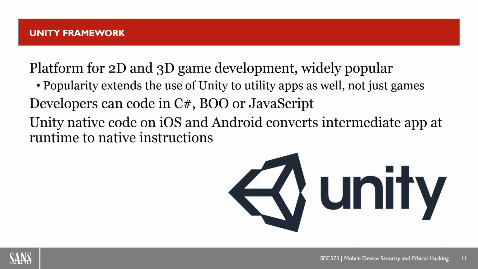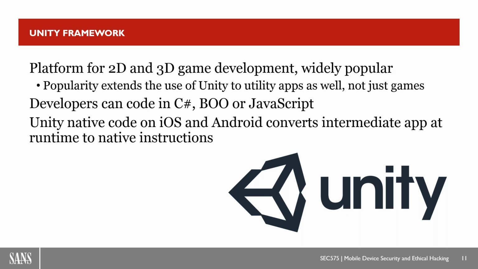Now, Unity is not, I think, super widely known as a mobile app development platform, but it is widely known as a gaming platform. But sure enough, using Unity, a lot of organizations are saying, I need an app. It needs graphics, it needs some animations, maybe some 3D textures, things like that.